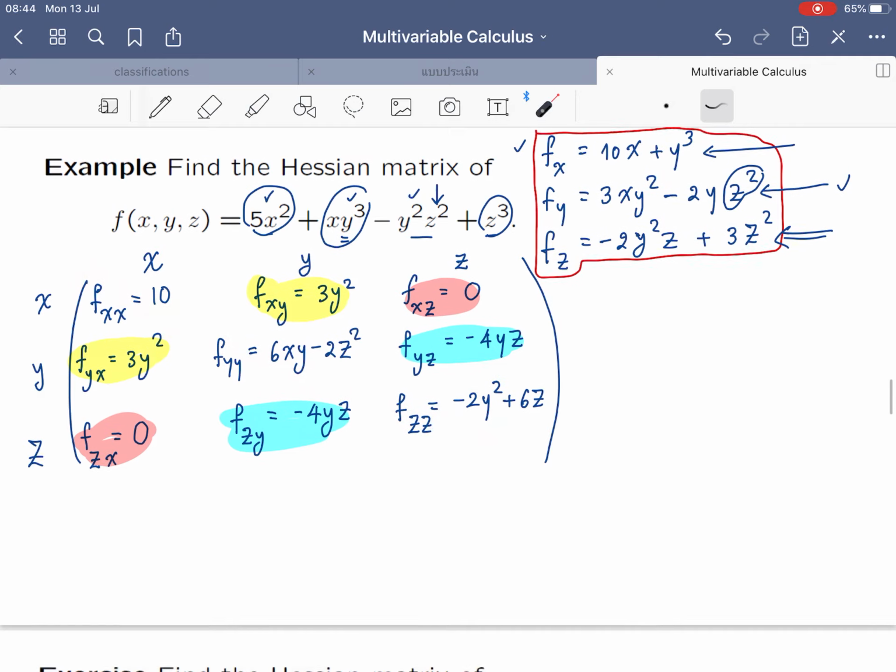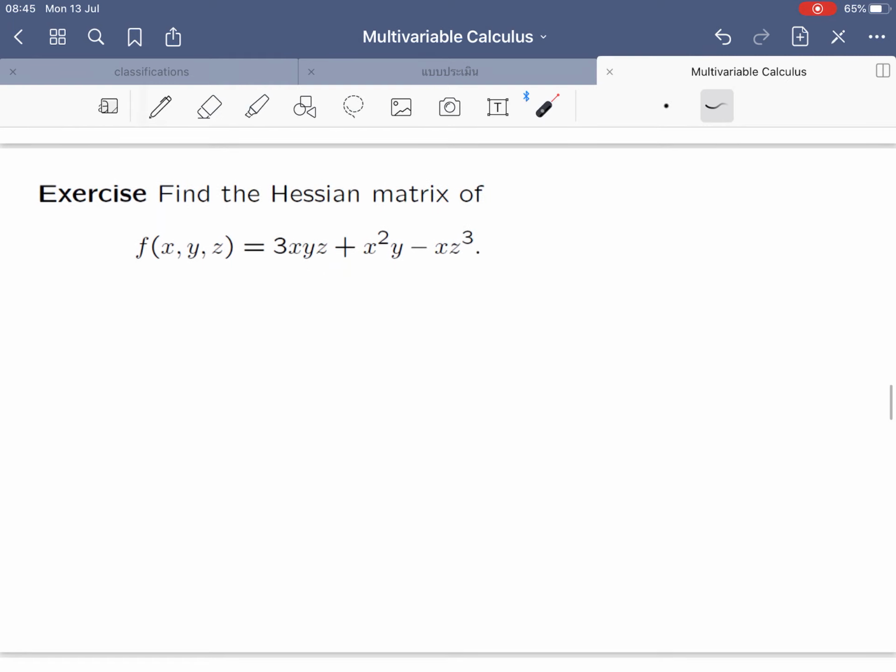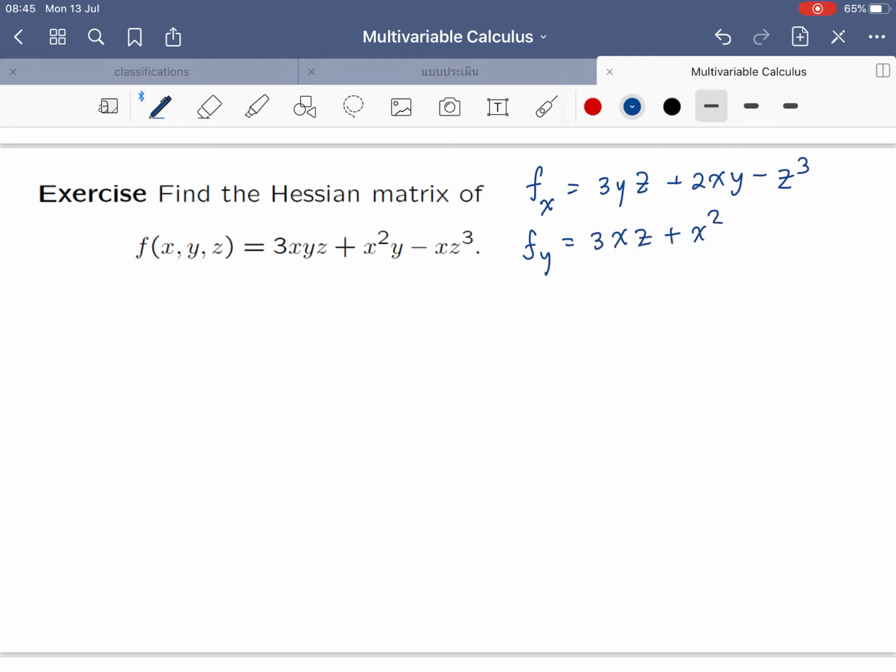All right, of course, you can find this Hessian matrix again by yourself. So for this one, you can have f sub x, which is 3yz, 2xy, and z cubed. F sub y, 3xz and x squared.